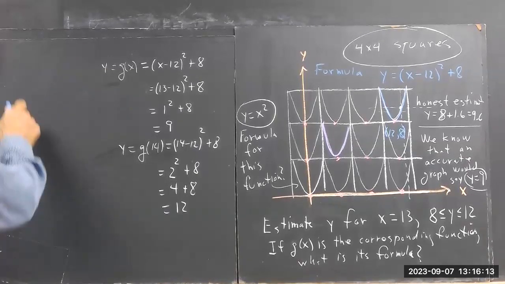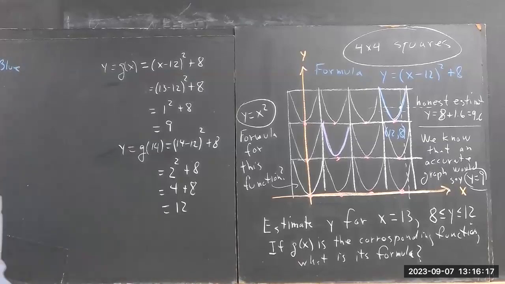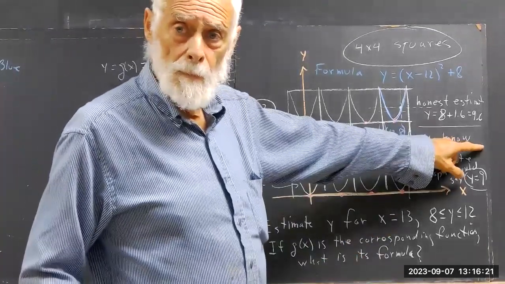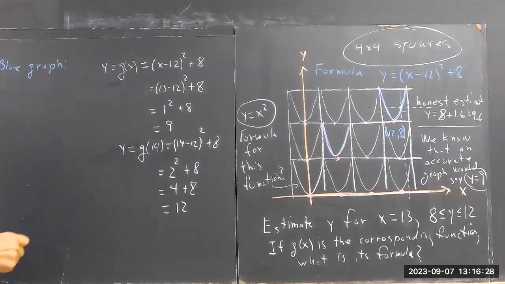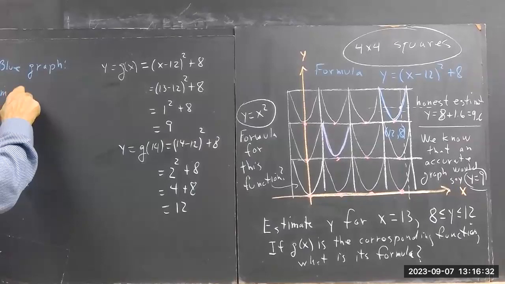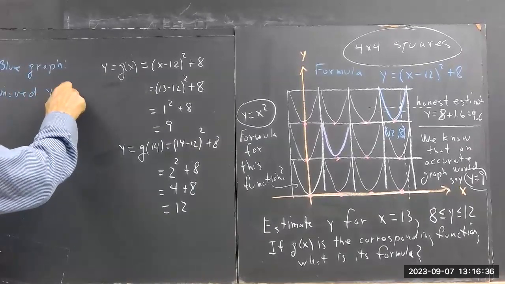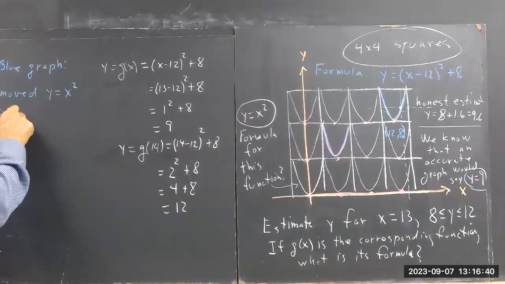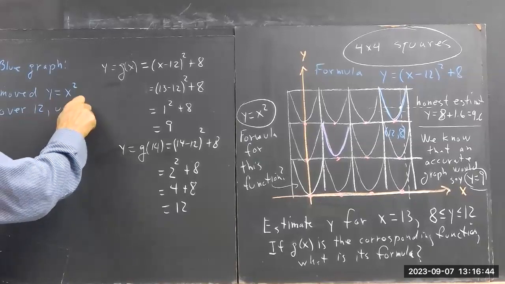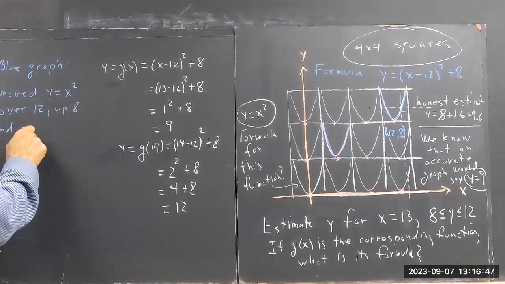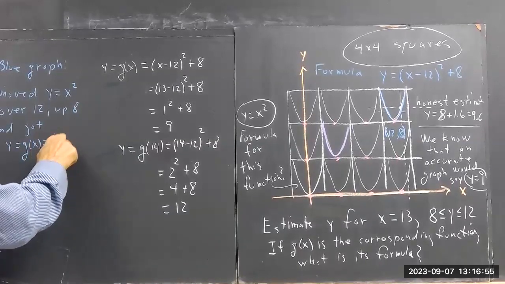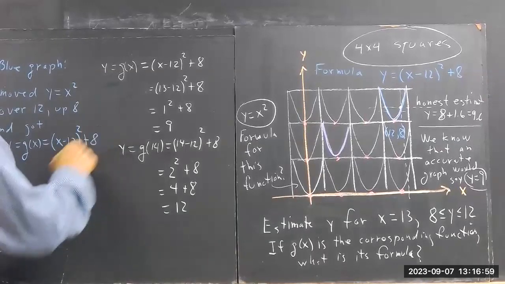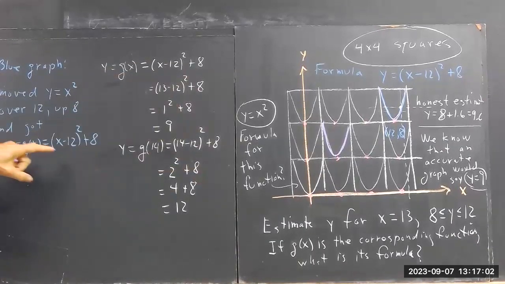Okay, for our blue graph. Blue graph. Okay, you move the graph over 12 and up 8, we get g of x equals x minus 12 squared plus 8, and it works.